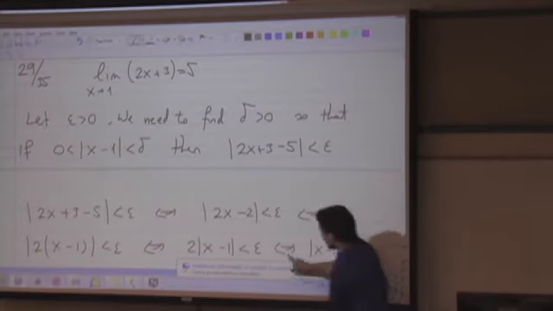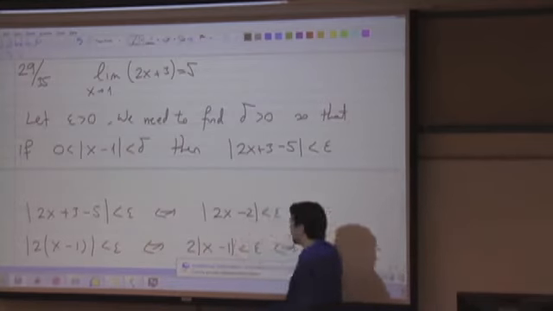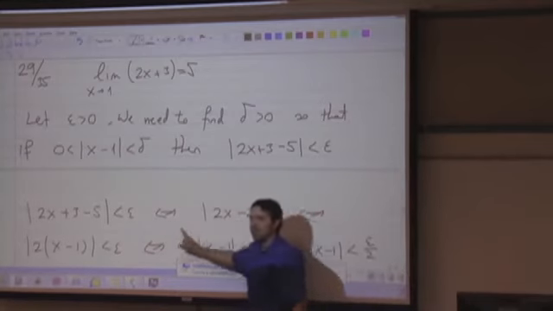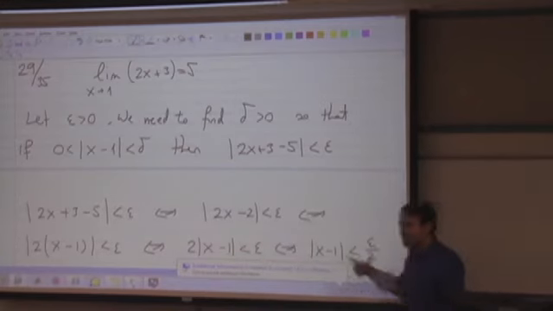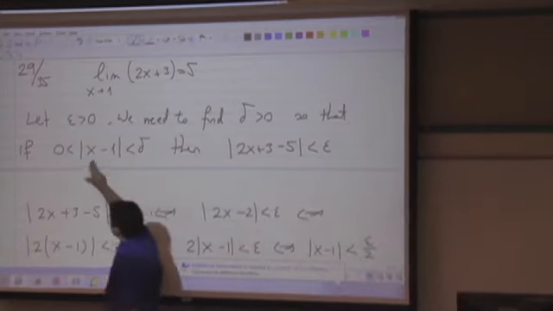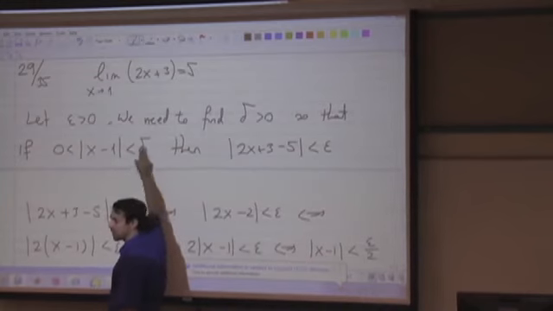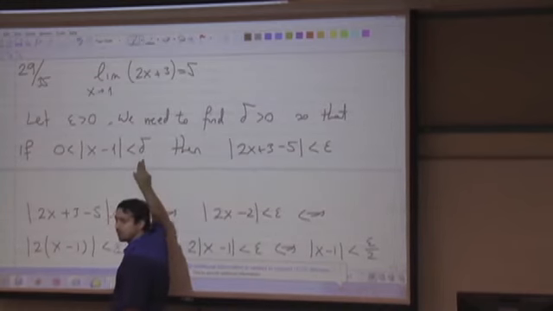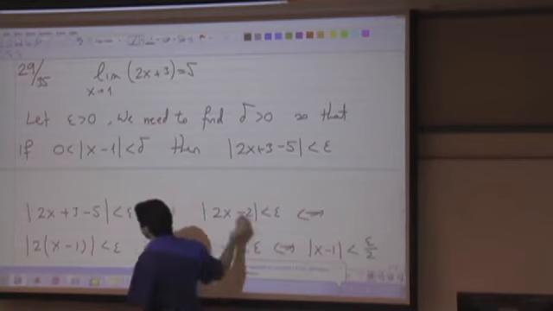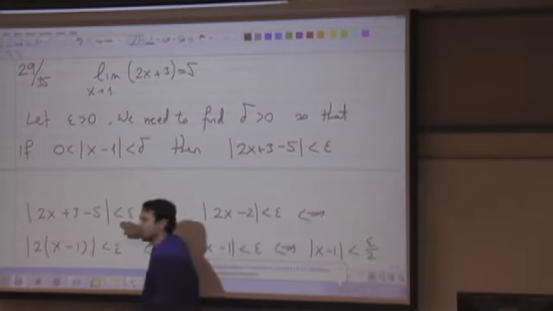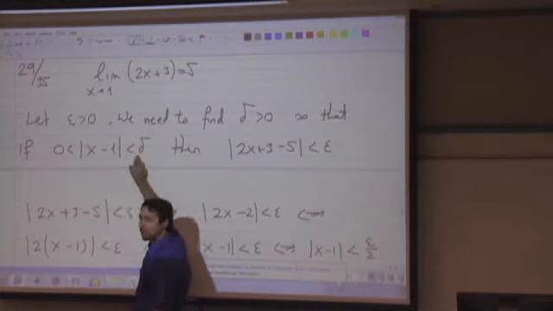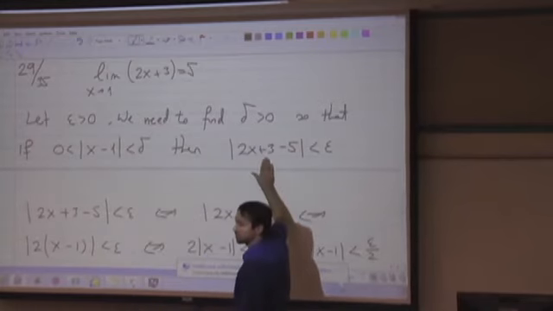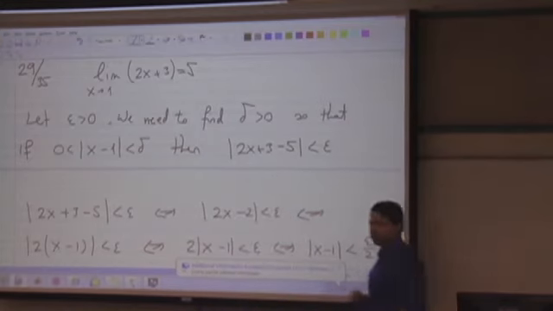Well, notice that I put equivalences around every single one of them. So if I choose delta to be epsilon over 2, what I'm saying is that x minus 1 in absolute value is less than epsilon over 2, but that's equivalent to |2x plus 3 minus 5| less than epsilon. Which means picking delta as epsilon over 2 gives me, in fact, this quantity. Which means I'm done.